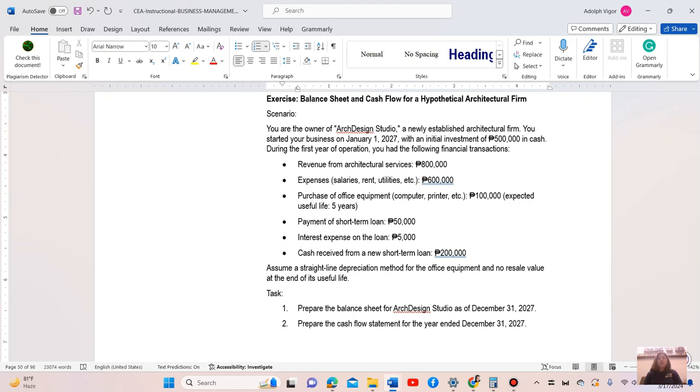So you write your assignment on a short bond paper and also your reflection for this article Getting Paid, so that you'll know that it's really accrual accounting that we use in terms of architectural practice as a business. Okay?